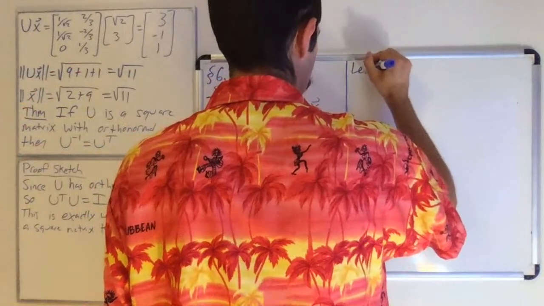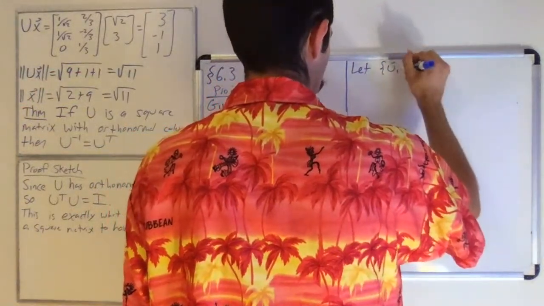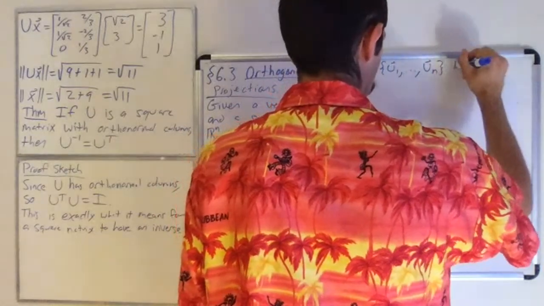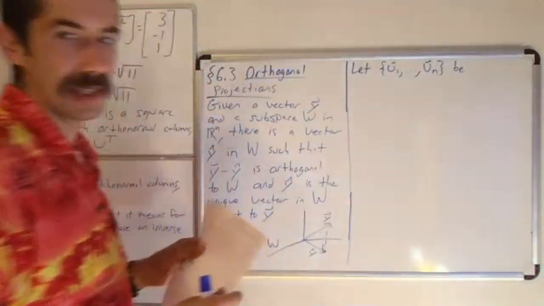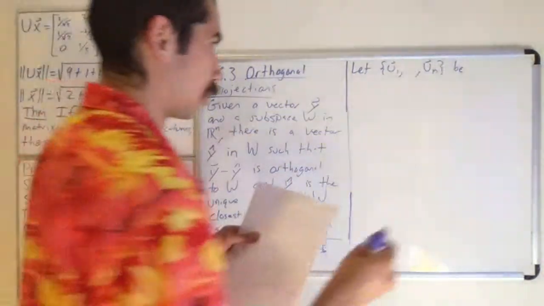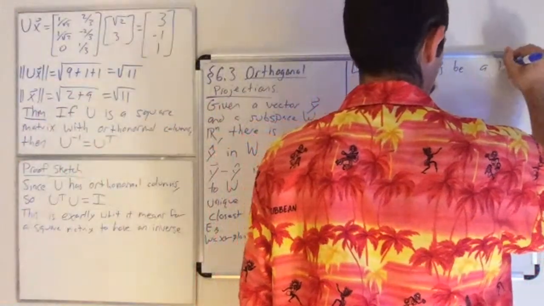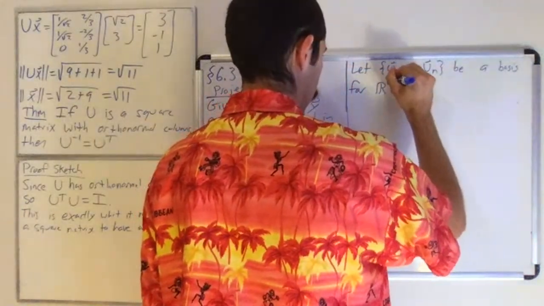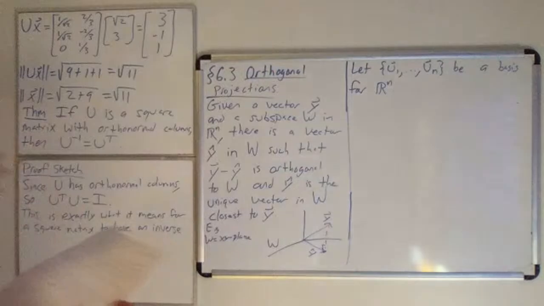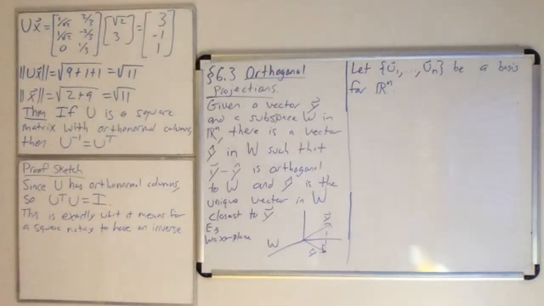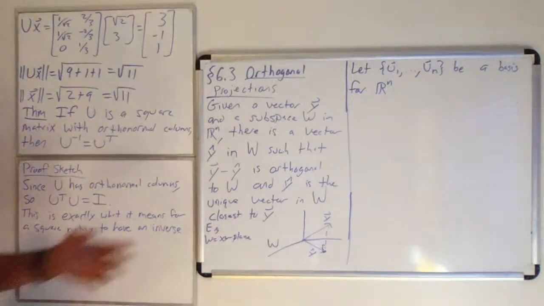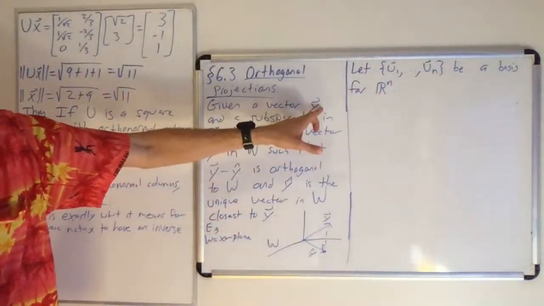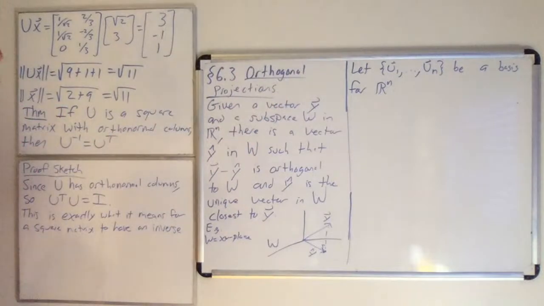So let's talk about how we're going to find this y hat. We'll let u1 through un be a basis for Rn. Since we have a basis for Rn, we can express any vector in Rn as a linear combination of these basis vectors.